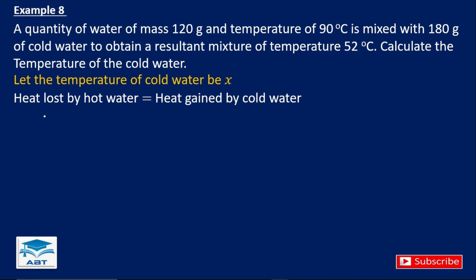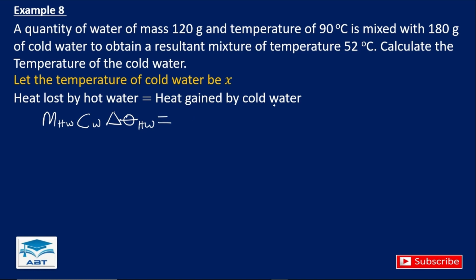Now, the heat lost by hot water is going to be the mass of the hot water, specific heat capacity of water. As for specific heat capacity, whether hot water or cold water, it is a constant. And then the temperature change of the hot water.